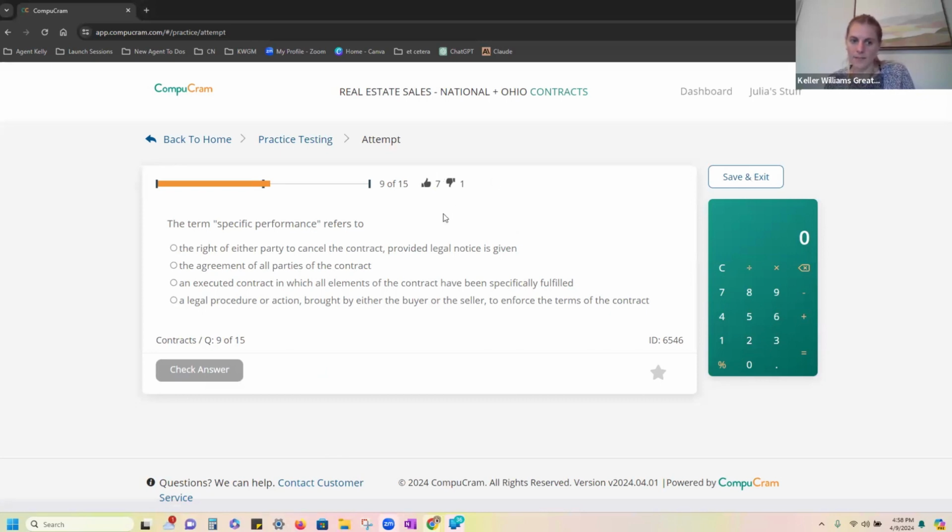The term specific performance refers to A, the right of either party to cancel the contract provided legal notice is given. B, the agreement of all parties of the contract. C, an executed contract in which all elements of the contract have been specifically fulfilled. Or D, a legal procedure or action brought by either the buyer or seller to enforce the terms of the contract. So the term specific performance refers to what?